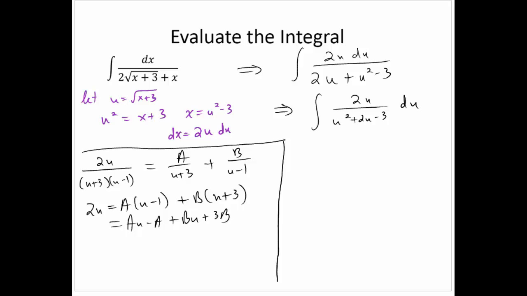Now I have a system of equations I can solve. So A plus B must equal 2, and negative A plus 3B must equal 0. If we solve this system of equations, it's actually not too difficult. We should find that A is equal to 3/2 and B is equal to 1/2.